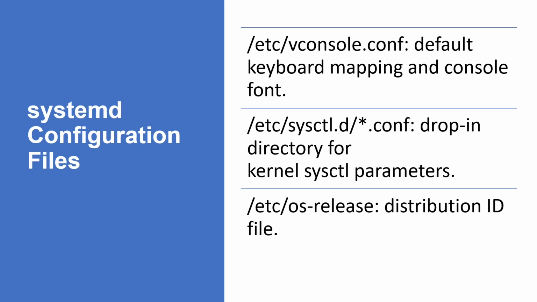Other files might include /etc/vconsole.conf, the default keyboard mapping and console font, /etc/sysctl.d, a configuration drop-in directory for kernel sysctl parameters, and /etc/os-release, the distribution ID file. Exactly which configuration files will depend on how each distribution sets things up. For example, /etc/vconsole.conf, which configures virtual terminal defaults, does not appear on Ubuntu systems.